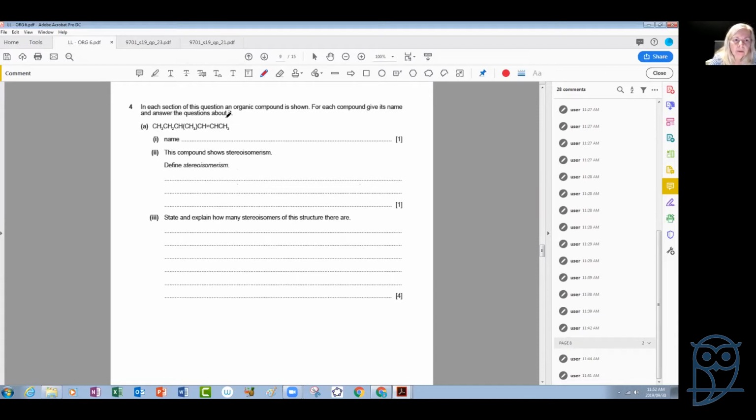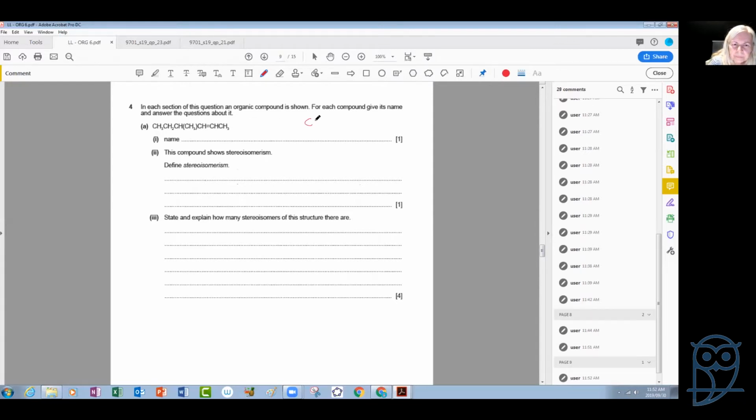In each section of this question, an organic compound is shown. Here's the organic compound. For each compound, give its name and answer the questions about it. So here's the organic compound, and we need its name. Let's draw it in this form so that it's easier for us.